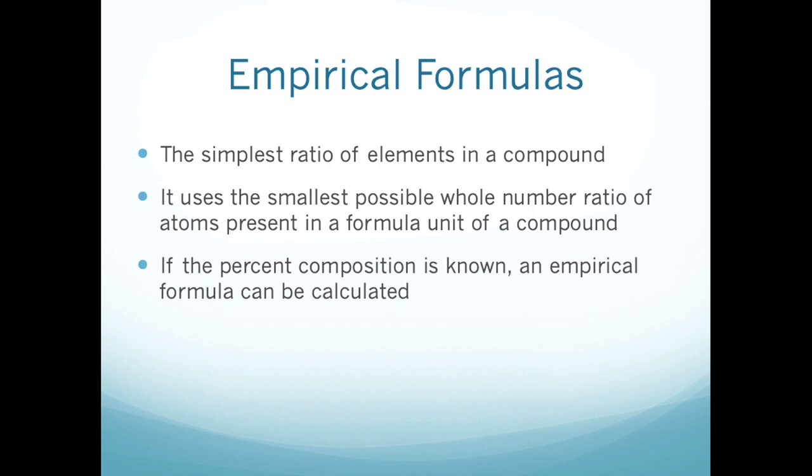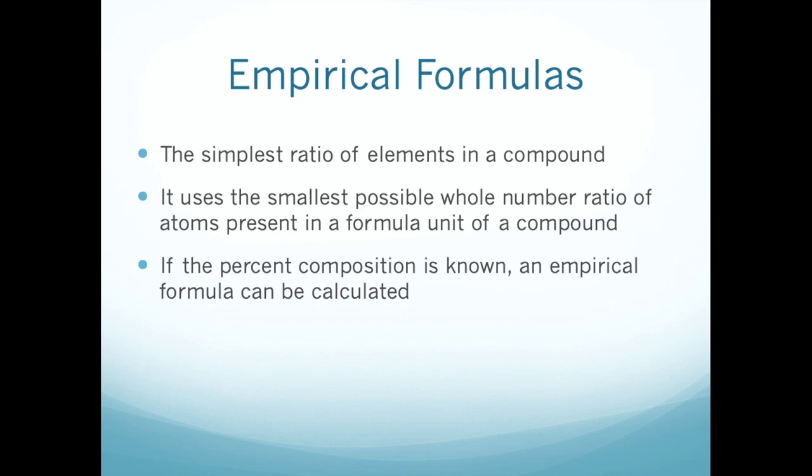Now, the funny thing is we've actually already talked about empirical formulas, except I just didn't point it out. When we dealt with the formulas of ionic compounds, we gave our ratio of ions in the simplest ratio. Well, that's what an empirical formula is. It's the simplest ratio of elements in a compound.